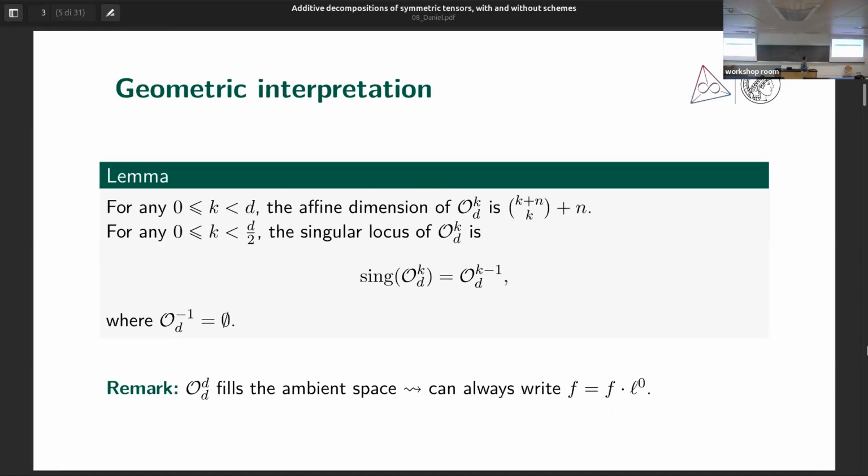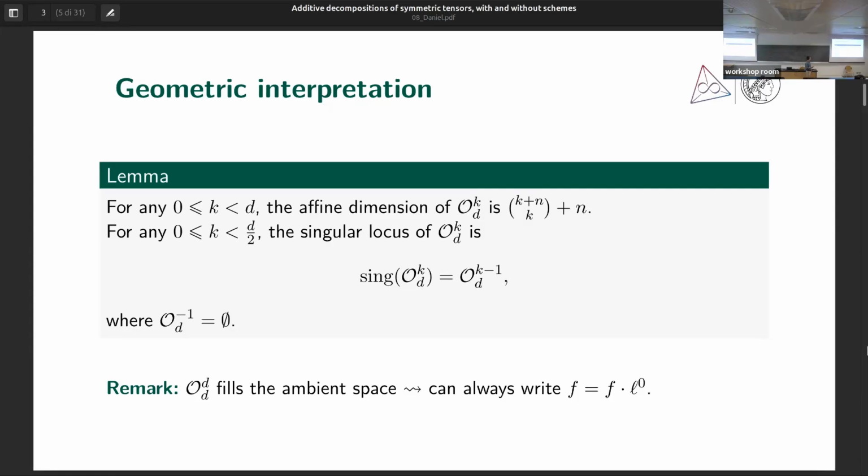Those are called osculating varieties, as they have been studied previously, for example, by Alessandra and others. But many of the previous works were like, let's fix k, and let's look at the span of k osculating varieties. So in this work, we don't fix k. So any term can really have different degree.